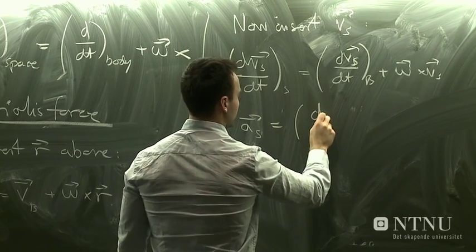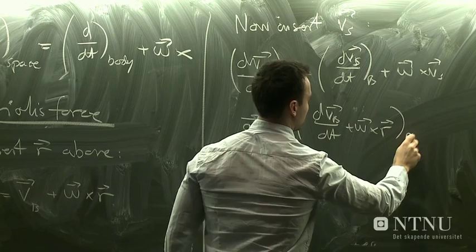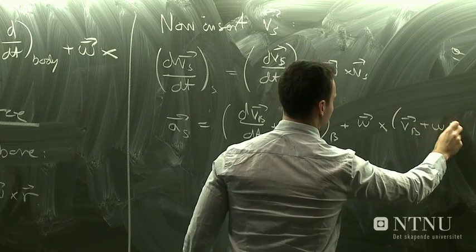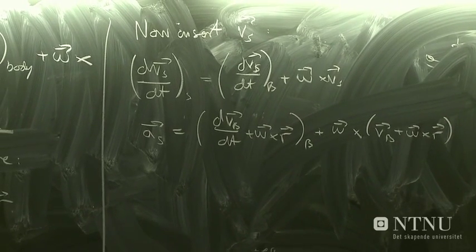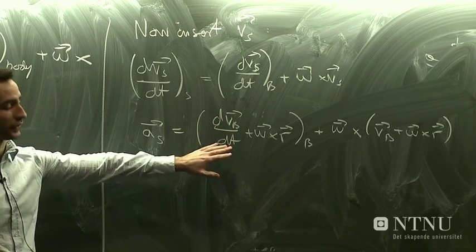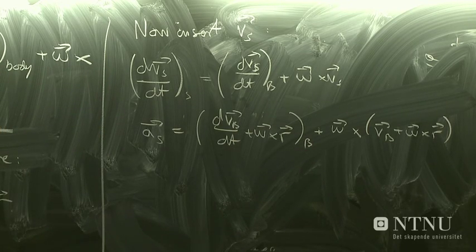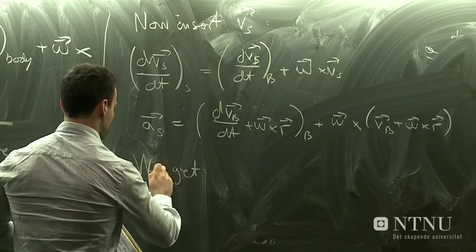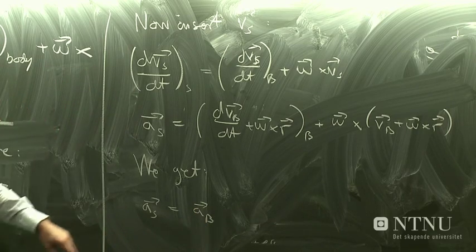And then we have this. The first term here is the time derivative of the velocity as seen in the rotating system evaluated in the rotating system, which means that it's simply the acceleration as seen in the rotating body system. So we get Ab from the first term here.